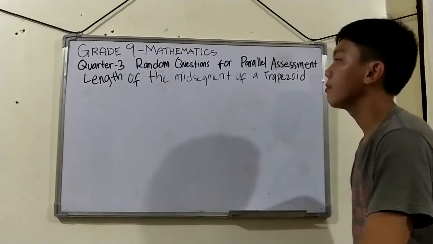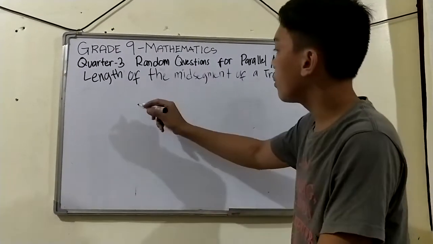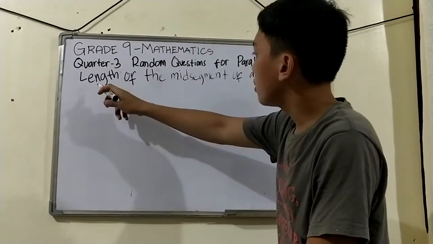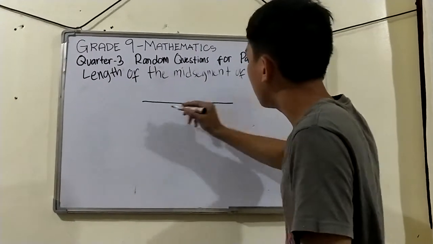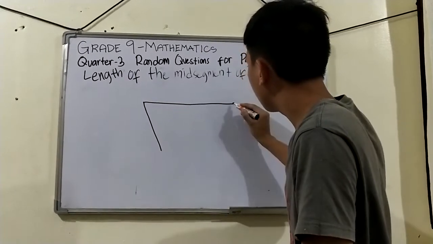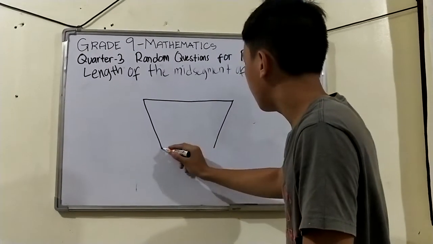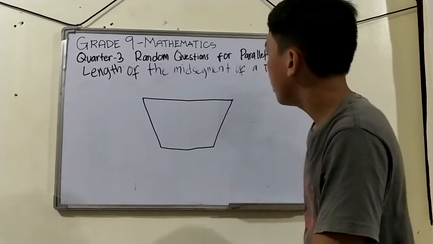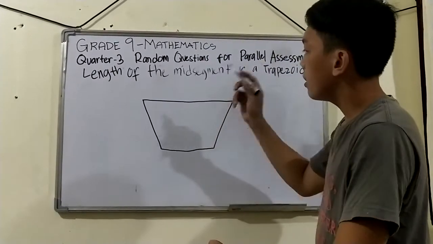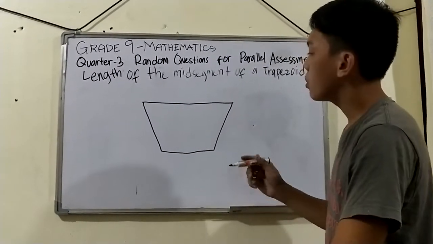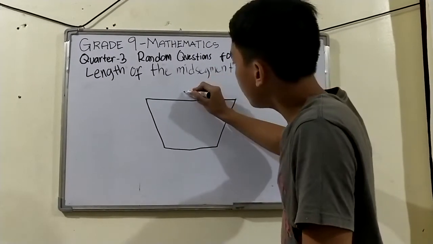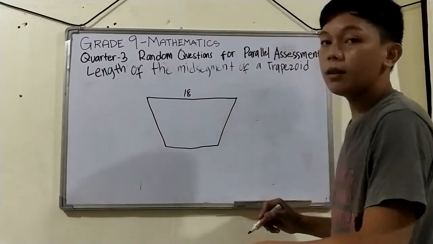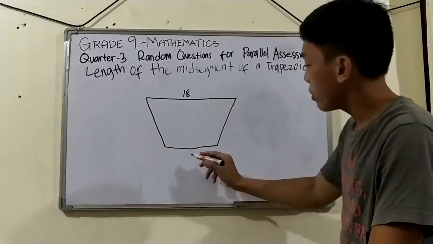Okay, so another example about the length of the mid-segment of a trapezoid. So how about the bases are equal to 18 and 14 respectively. So the upper base is equal to 18 and the lower base is equal to 14.